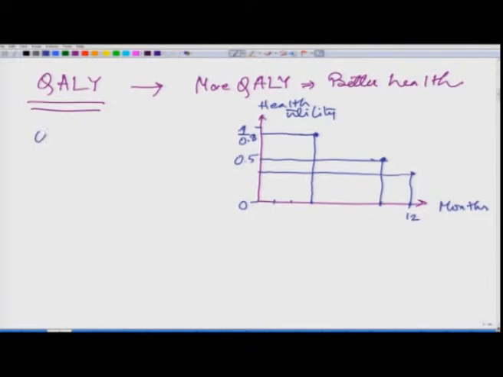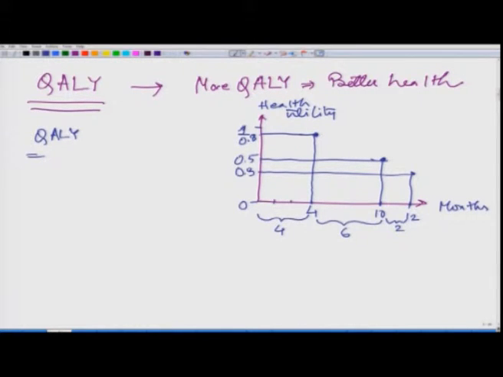So my QALY is equal to, you can see, 0.8 for 4 months, and 0.5 for 6 months, and 0.3 for 2 months, right.